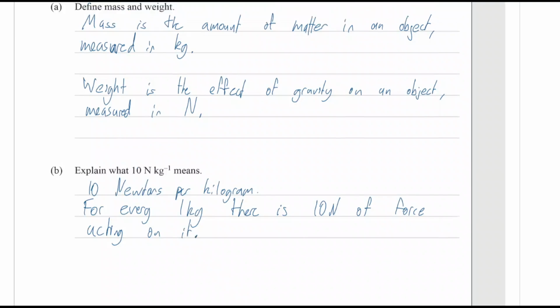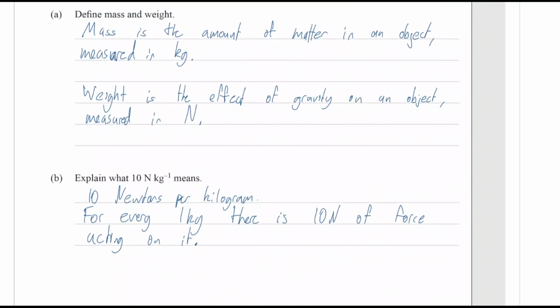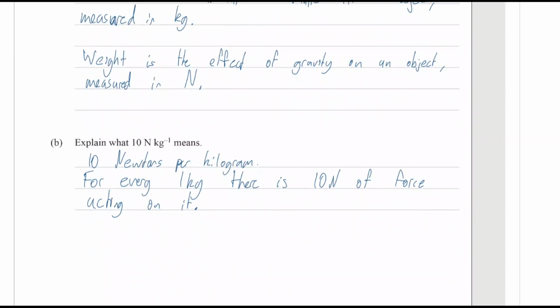So going back to the example I just used with my mass, if I have a mass of 68 kgs, that will correspond to a weight force of 680 newtons, because for every 1 kg, there are 10 newtons of force pulling me down into the center of Earth.